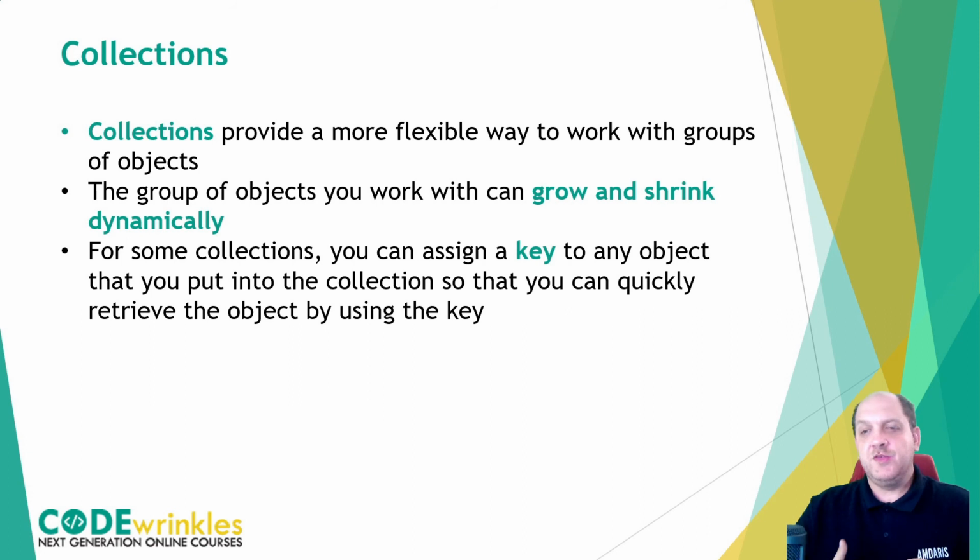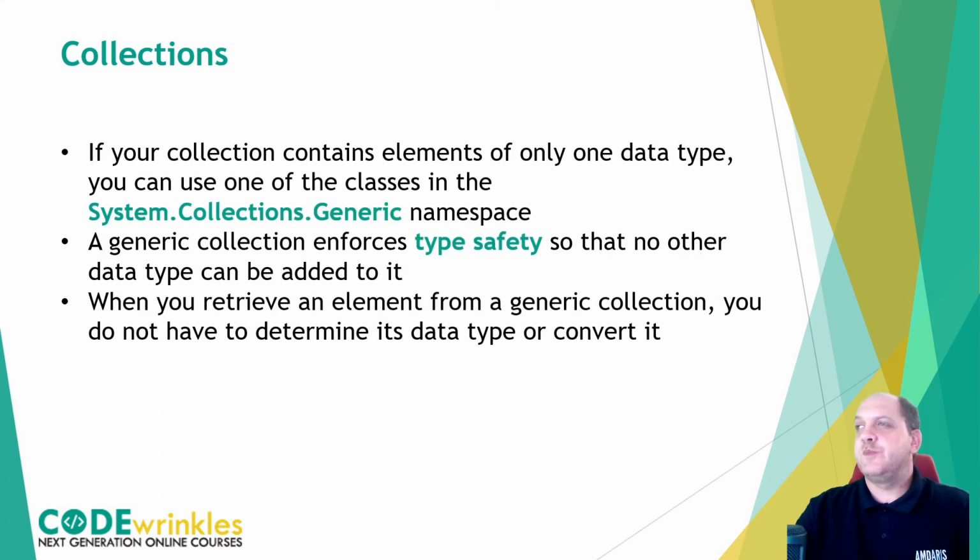There are some collections that are a little more specific, where we can even store groups of objects in the form of key and value pairs. We will see some scenarios in which this type of collection, grouping objects based on keys, could prove to be very important. Now, I said that usually collections contain elements or objects of the same type. In collections, things can be a little different, because theoretically you could have collections that are not strongly typed.